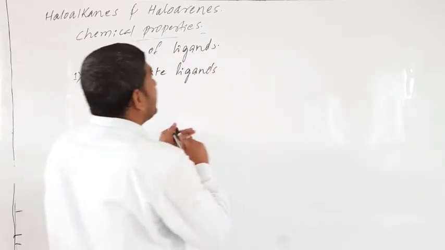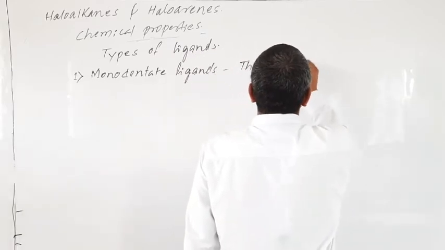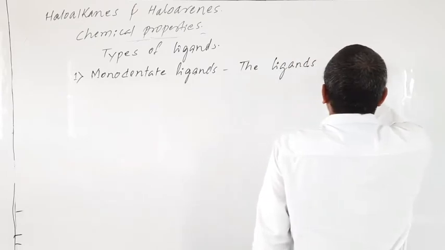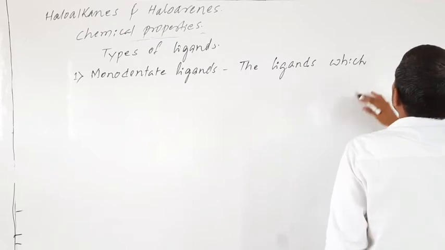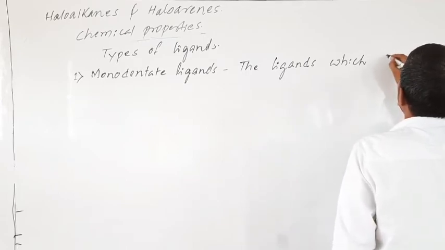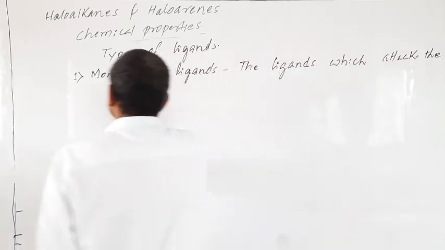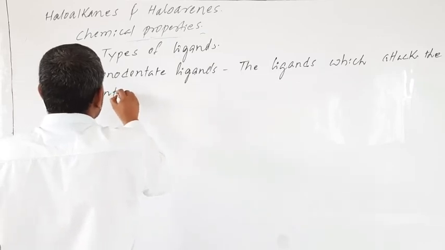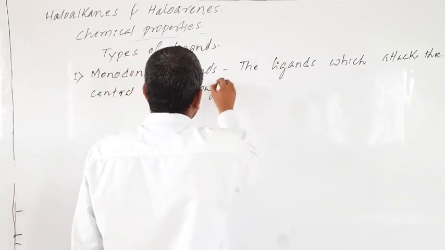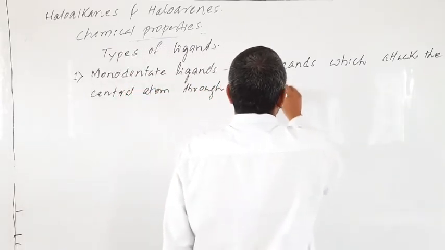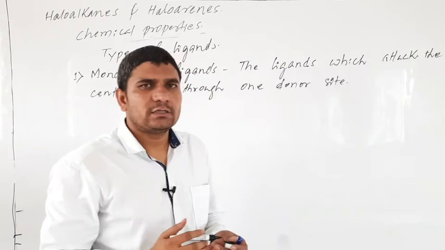What are monodentate ligands? The ligands which attack the central atom through one donor site. Only one donor site.